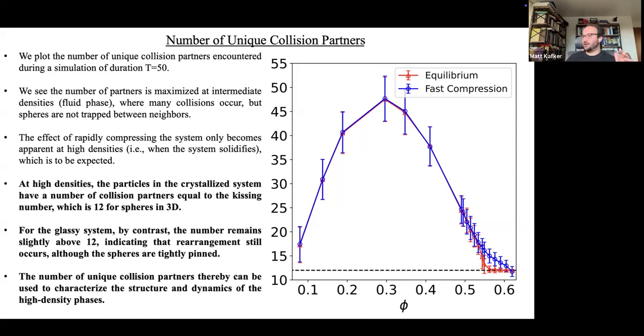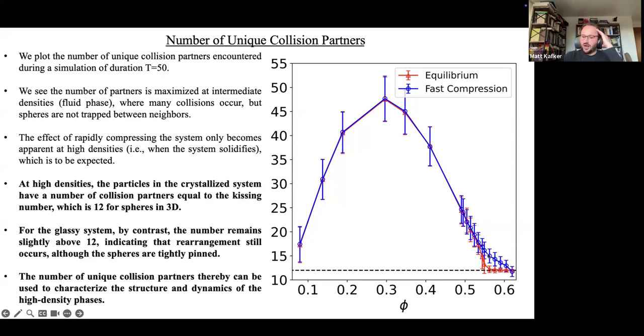For those of you who are mathematically inclined, you probably already know what this is, but the idea is you put a sphere in space, let's say at the origin, what is the maximum number of other spheres that you can arrange around that sphere so that they're all touching? That's the kissing number. And what we see is at very high densities in equilibrium, the number of particles that any given particle is meeting is precisely the kissing number, which means that it's just arranged in some regular lattice, and all it's doing is rattling around in the cage formed by its neighbors. And you don't get any sort of redistribution.